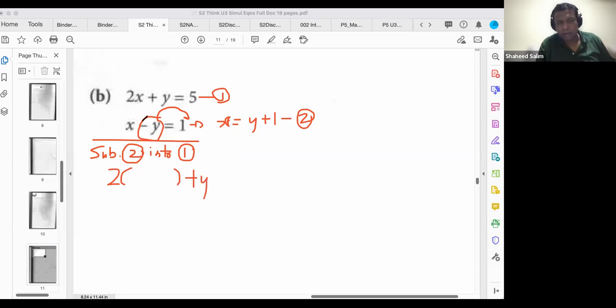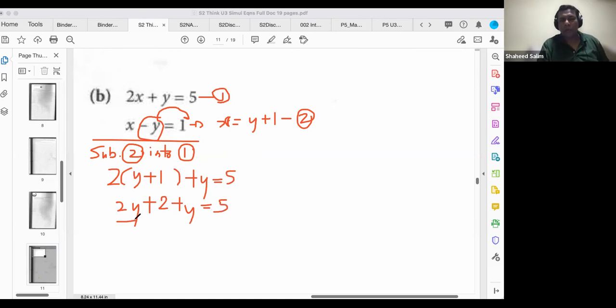See, 2x, put bracket, y plus 1, plus y equals to 5. So now you put in the value down here, you put inside here. So what is it? This is y plus 1. So 2 times y, 2y. 2 times 1, 2. Then you plus y, equals 5.